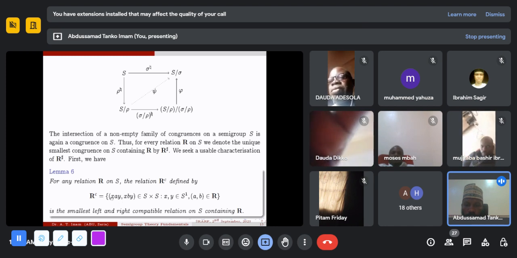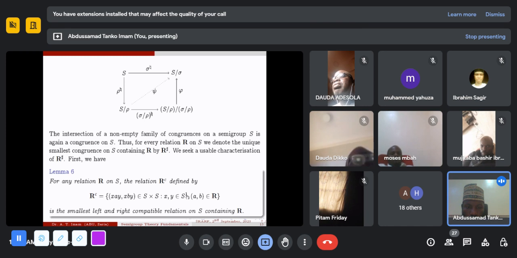You see this R^c clearly, from its definition, because x and y are coming from S^1, there will be a time when you choose x and y both to be equal to 1, because there is always 1 inside S^1. So if I take x to be 1 and y to be 1, xay is just a, and xby is also just b. So in other words, every member of R is also inside R^c.